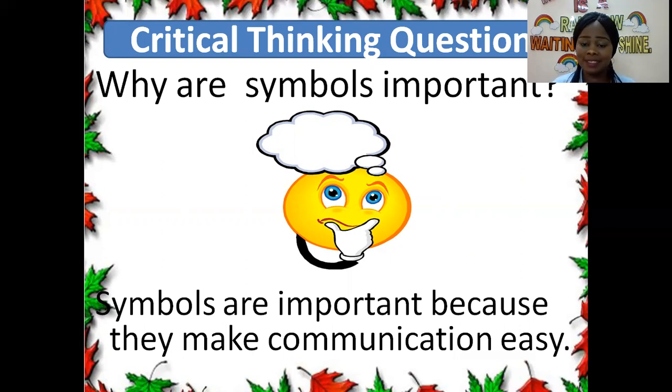The traffic light is a symbol, and the traffic rules and everything on the road are all called symbols. We also have symbols in our classroom. Yes, some classrooms have symbols in them, okay?